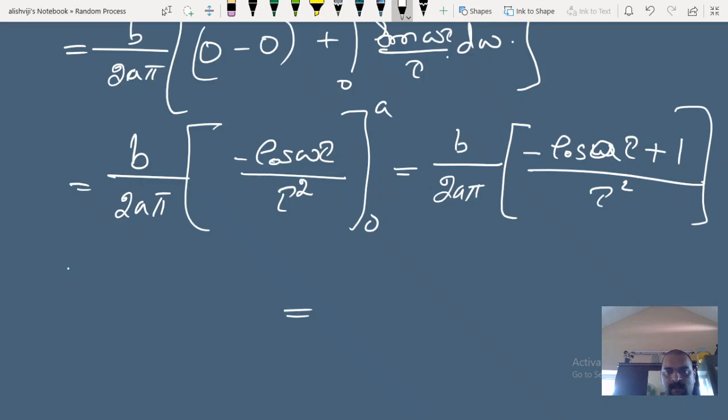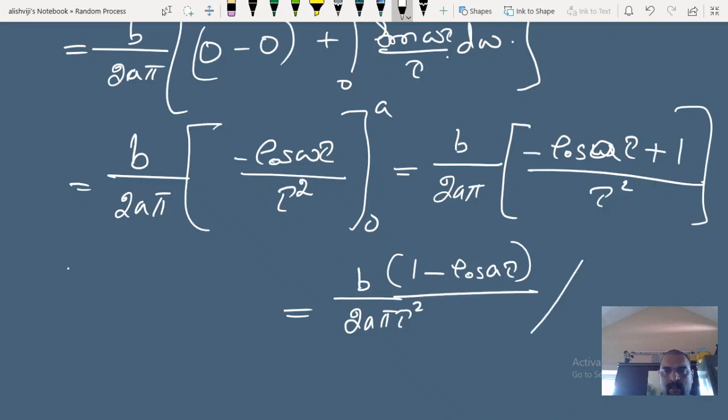When we simplify it, we can rewrite it as b by 2a pi tau square into (1 minus cos a tau). So this is our required autocorrelation function.